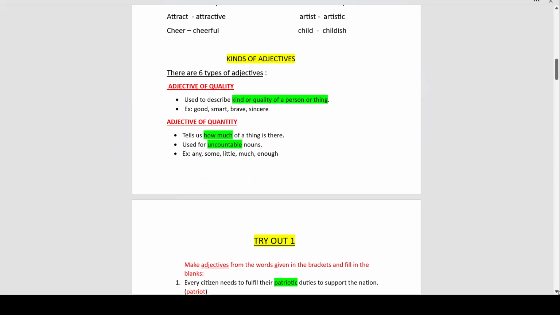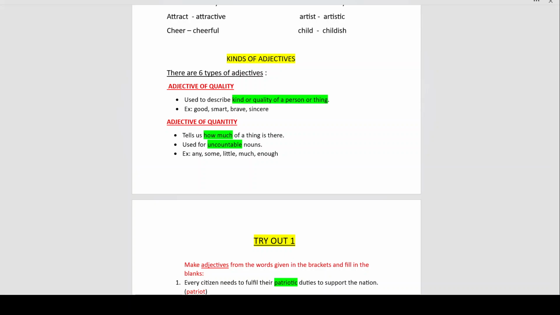But if I say count the amount of sugar in this packet, sugar is an uncountable noun because there are grains of sugar. You cannot count the grains of sugar. You can weigh sugar in kilograms or in grams. So, these adjectives of quantity are only used for uncountable nouns. Example, any, some, little, much, enough.